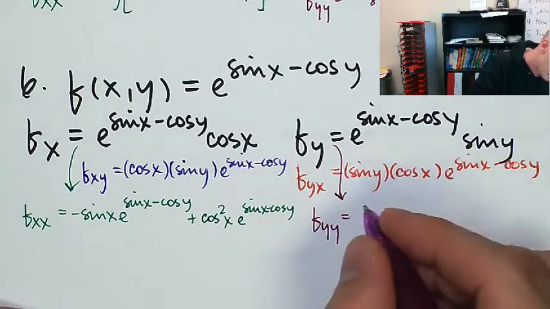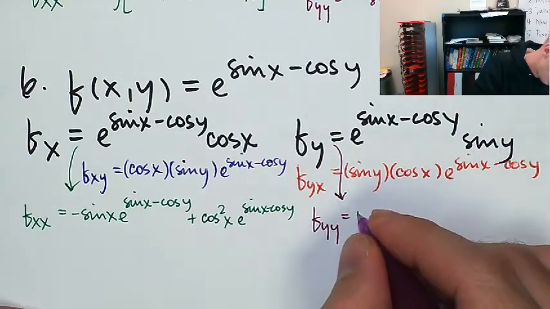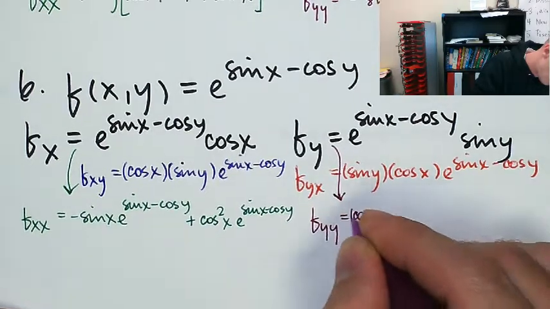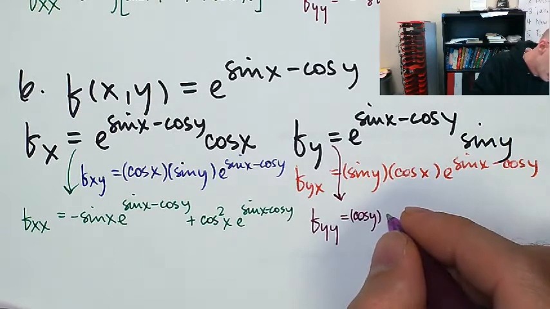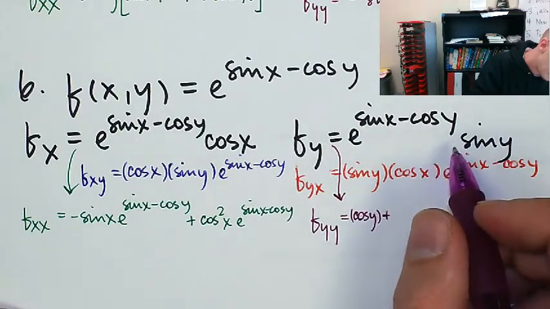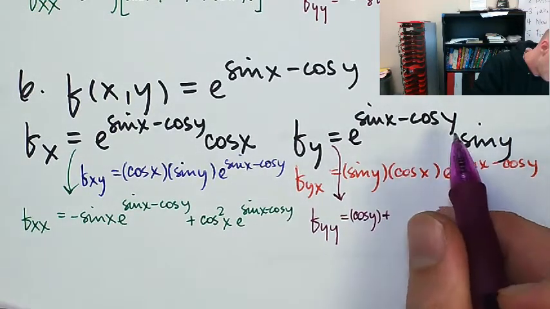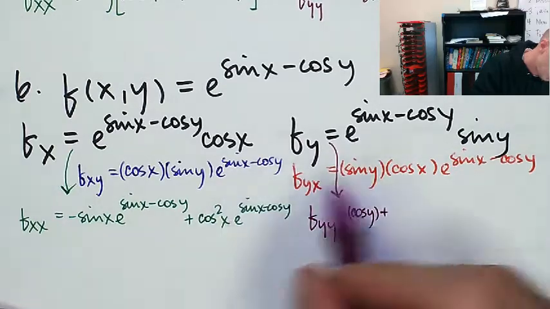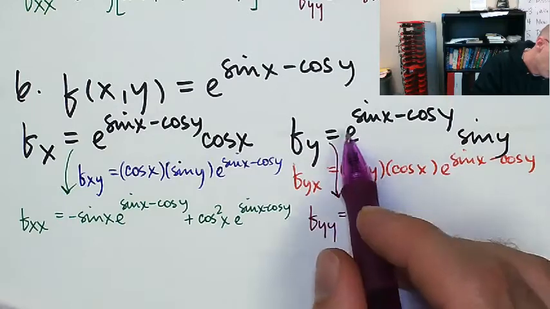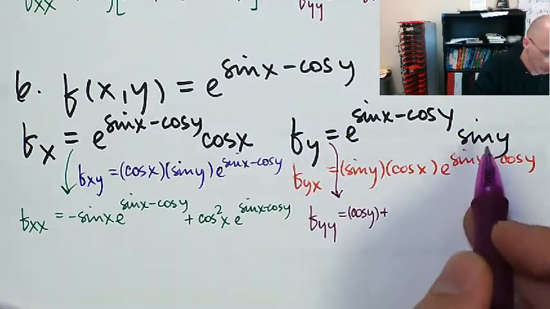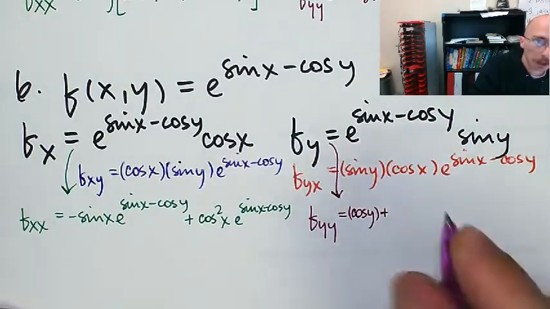So fyy is going to be, take the derivative of sine y, leave the exponential the same. Then I'm going to add in, what would happen if I, wait a second, okay, no, then I leave sine y the same and multiply by the derivative of this thing, which is going to incur another power of sine y.